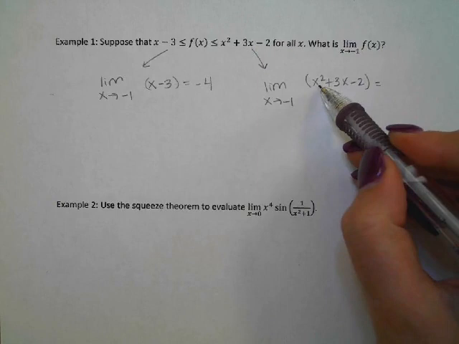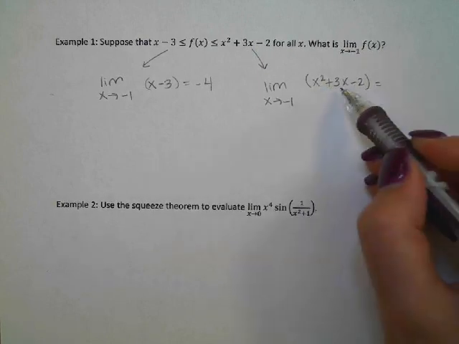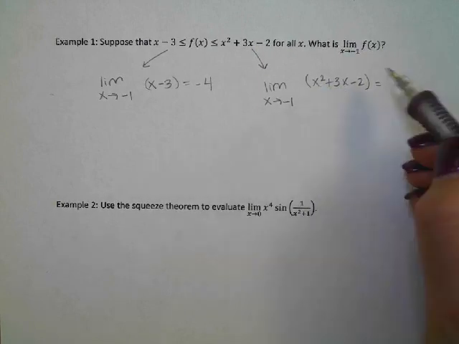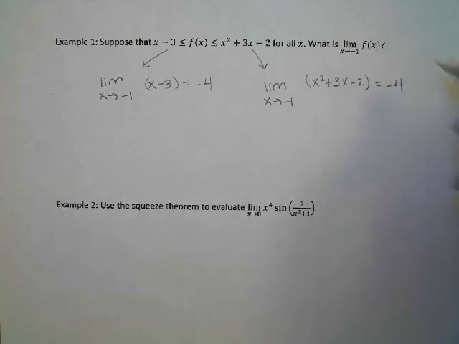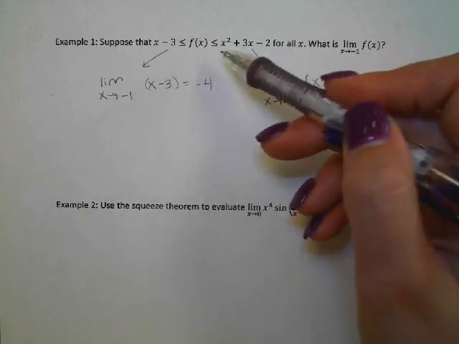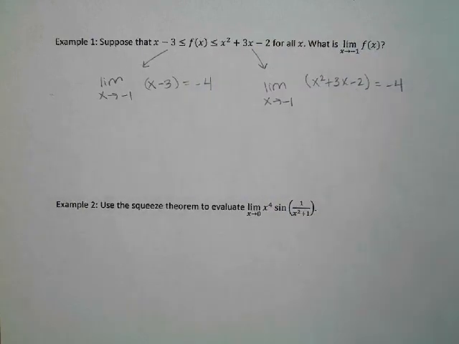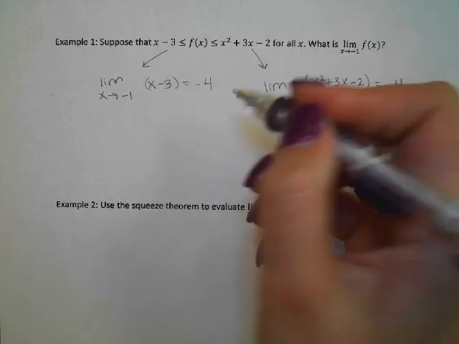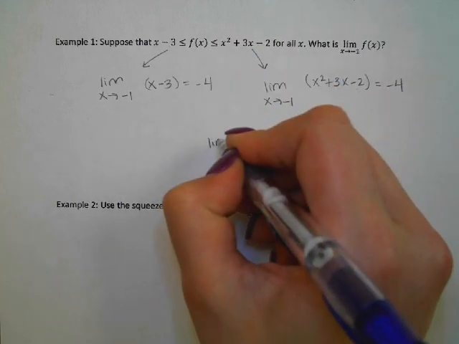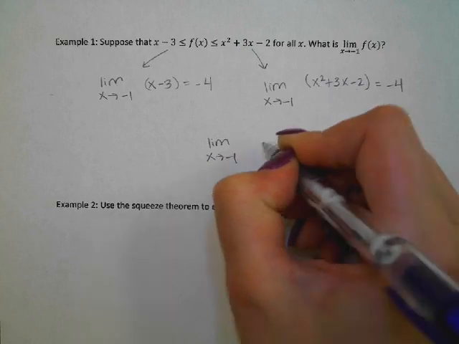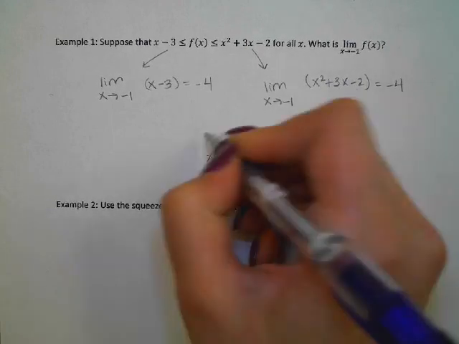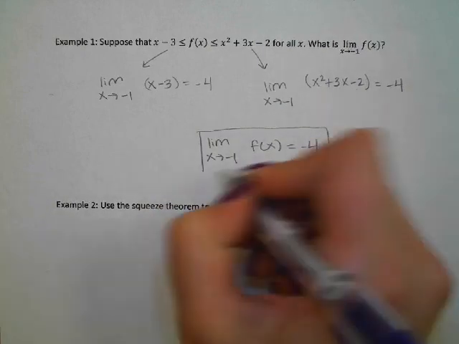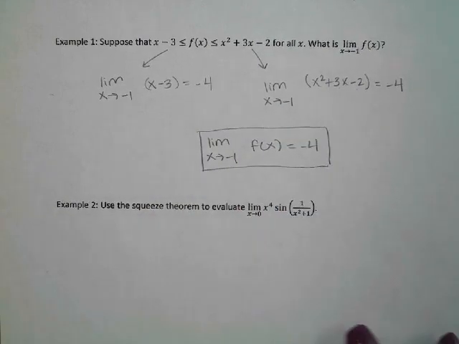So I've got -1 squared, which is 1. 1 minus 3 minus 2 is -4. So since both of those have a limit of -4 and f of x is some function that's between them, then that means that f of x also has a limit of -4. So then I could make the conclusion that the limit as x approaches -1 of f of x also equals -4.